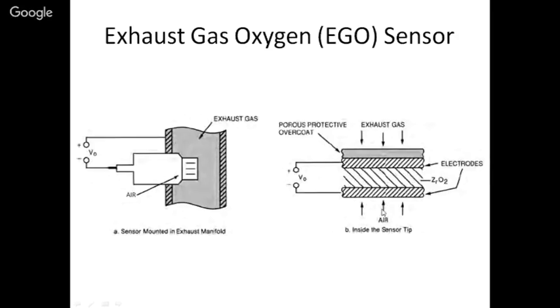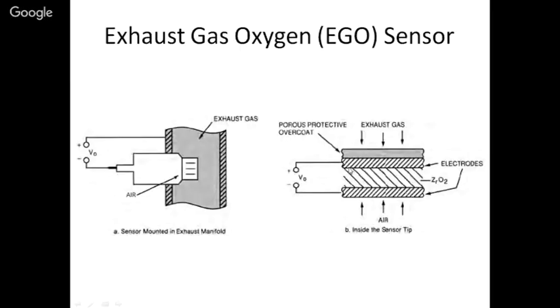So the oxygen ions, when this absorbs, they get deposited at the interface of the platinum electrodes and the zirconium dioxide. On this side also they get deposited, which are coming from the exhaust gas. Because ambient air will have more oxygen ions, this side will become negative as compared to this one, and we will get an output voltage.